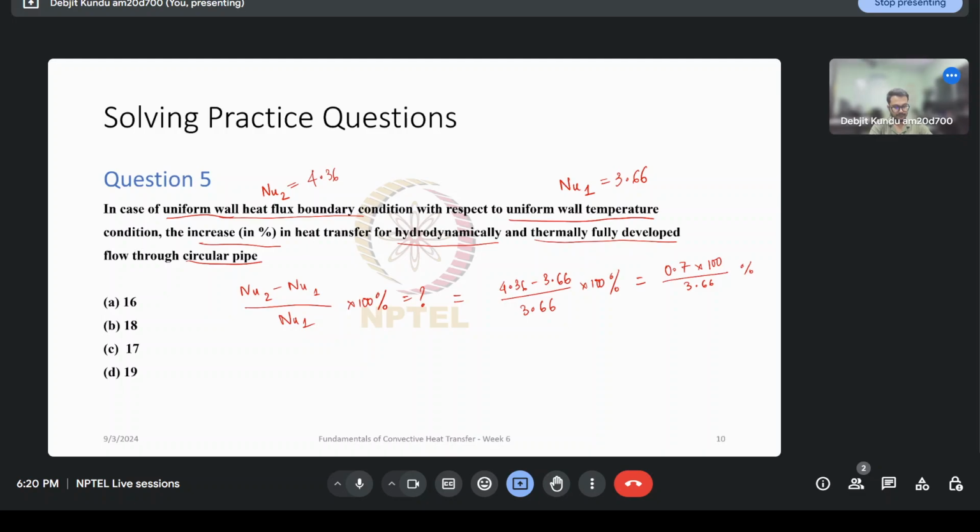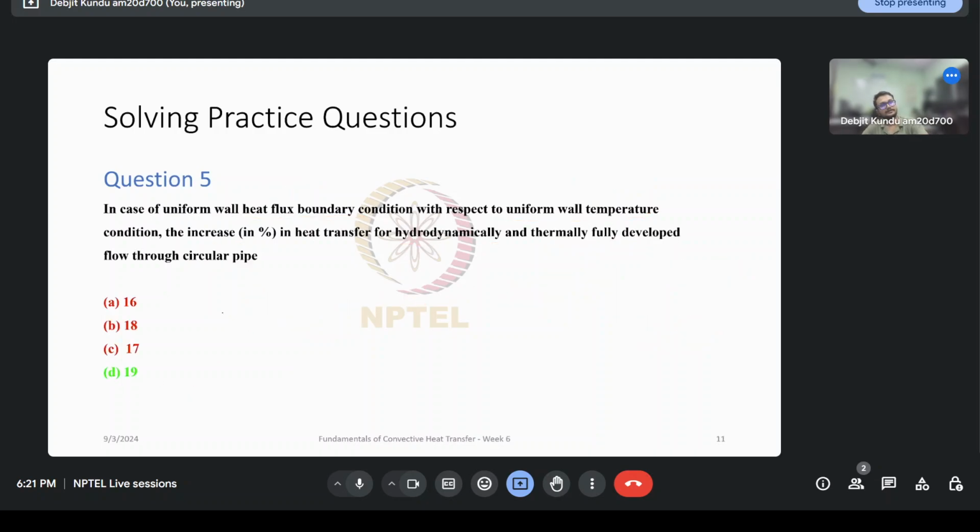Calculate that, 70 divided by 3.66. That is close to 19. That is equal to 19.12 something. We'll just approximate this as 19%. So option D should be correct. And it is indeed correct.